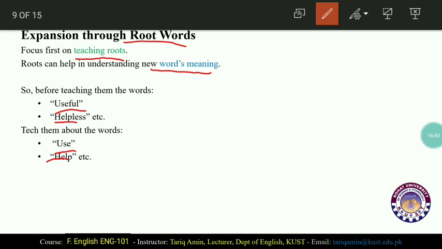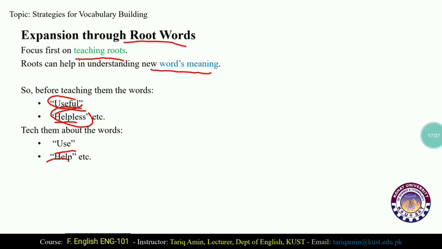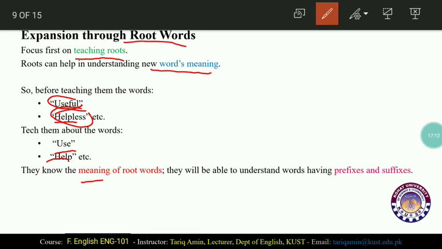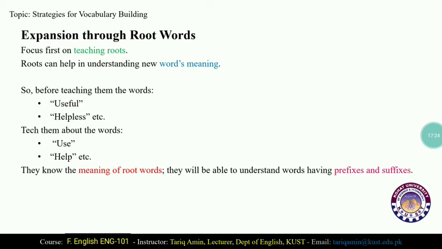If your students know the meaning of help and use, their structure, their grammar, their form, and their pronunciation, they will be able to understand the words useful and helpless. So use is one root word and help is another root word. If they know the meaning of root words, they will be able to understand words having prefixes and suffixes. In this example, ful is a suffix and less is also a suffix.